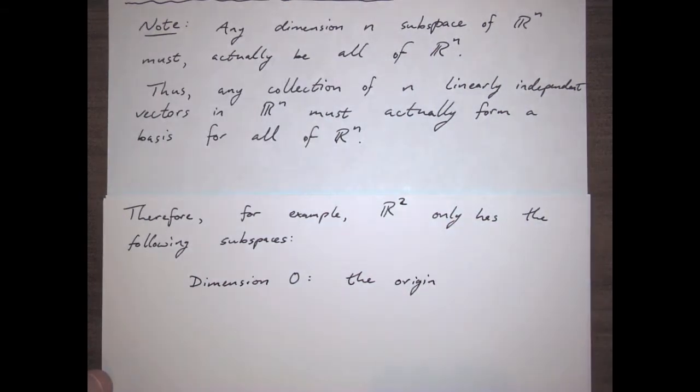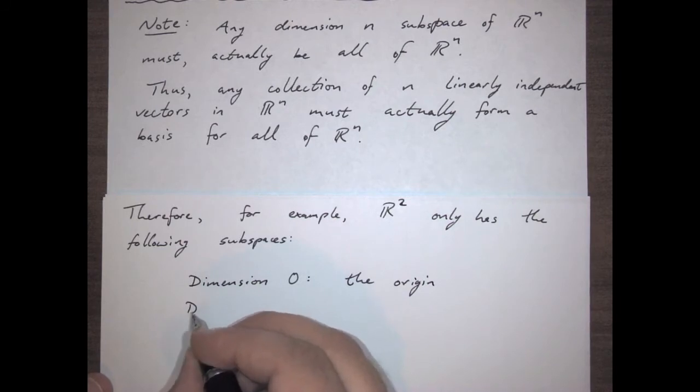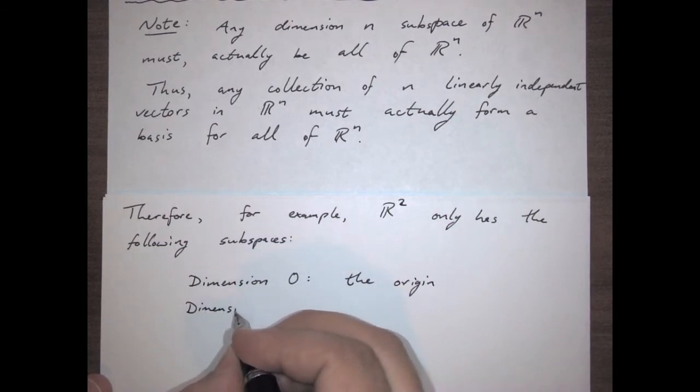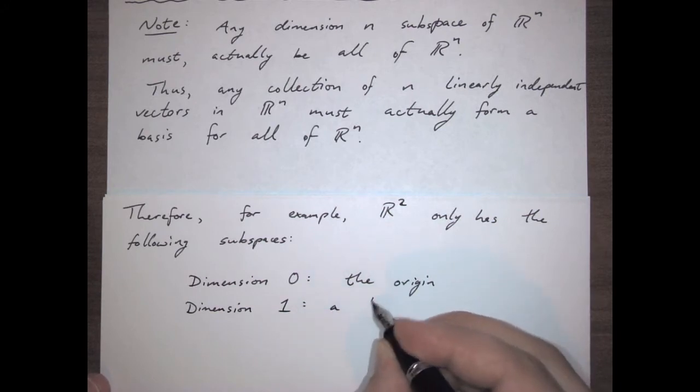It's the only vector space that doesn't have a basis. Dimension 1, a line through the origin.